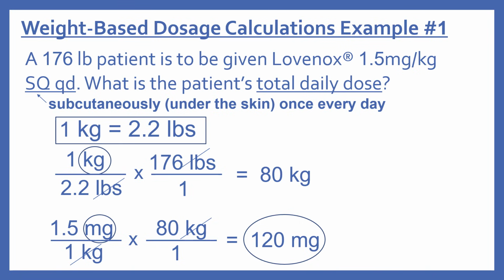We're left with kilograms. So 176 divided by 2.2 equals 80 kilograms. And then we're given the dose of 1.5 milligram per kilogram times 80 kilograms over 1. Kilogram on the top, kilogram on the bottom, those cancel. We're left with milligrams. That gives us a total of 120 milligrams. So that is our total daily dose since it's administered once a day.